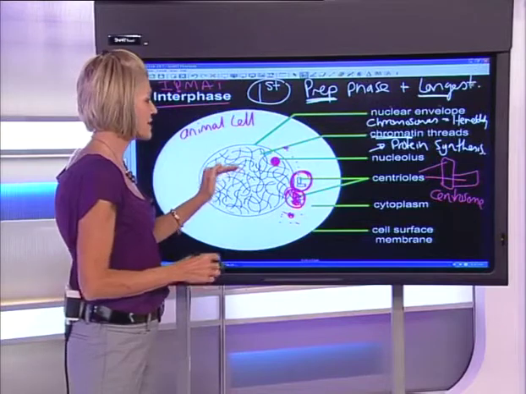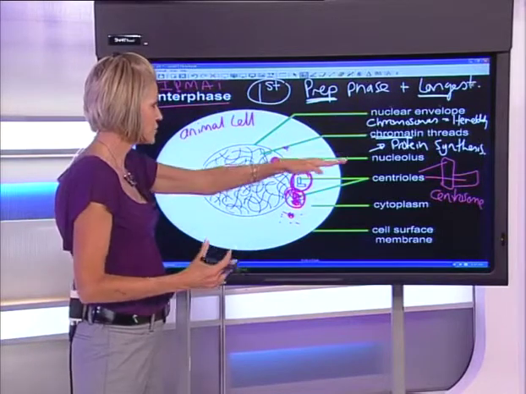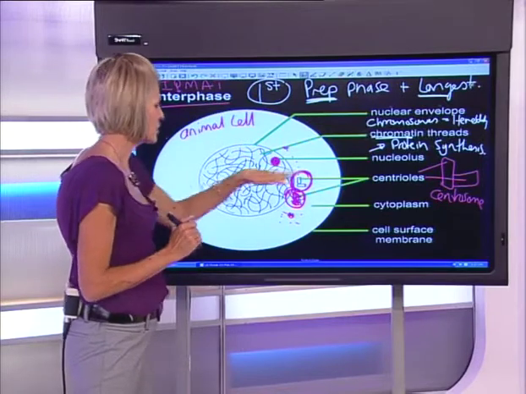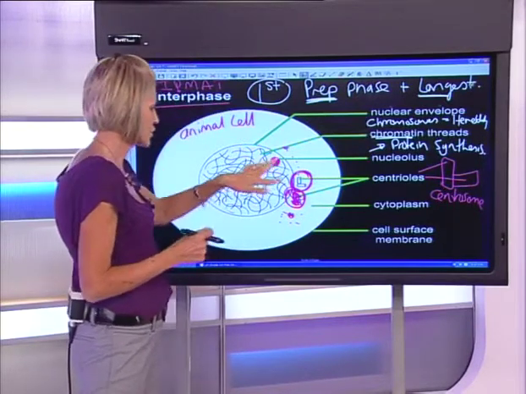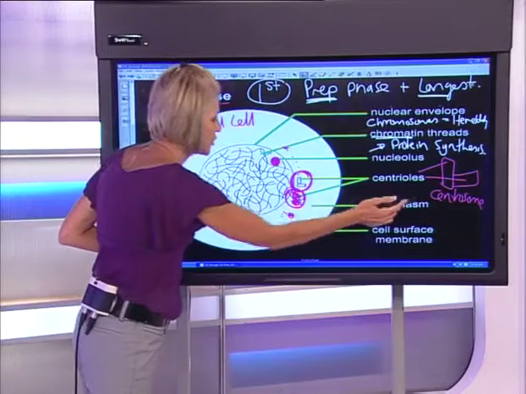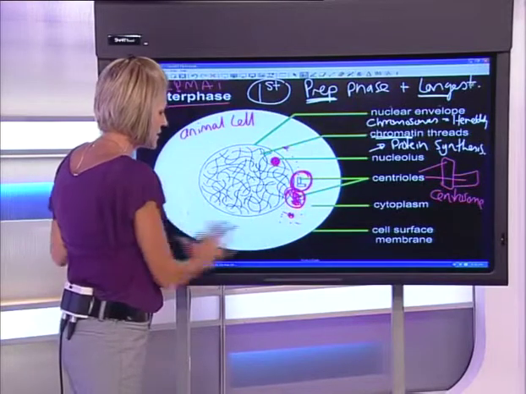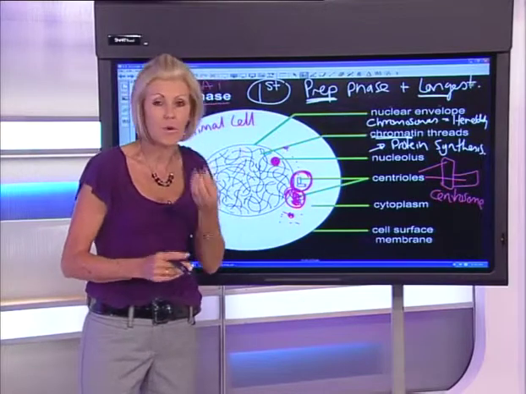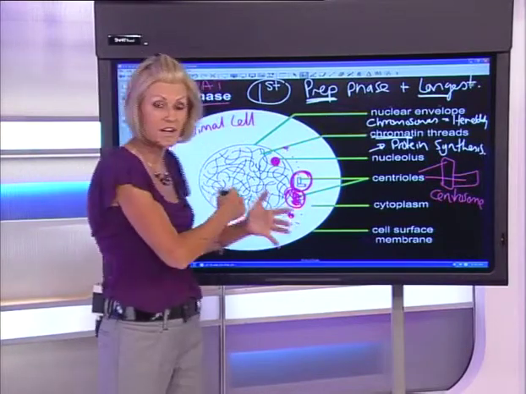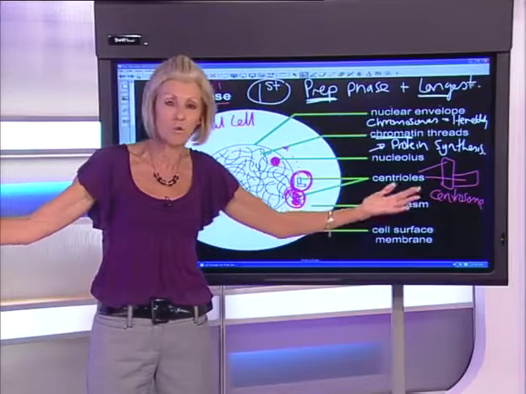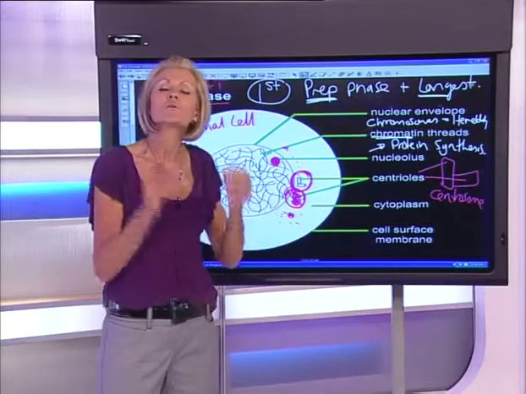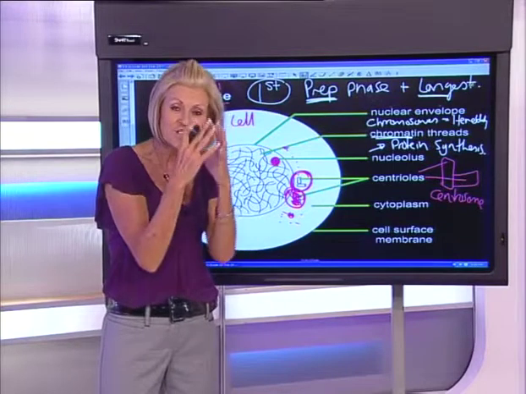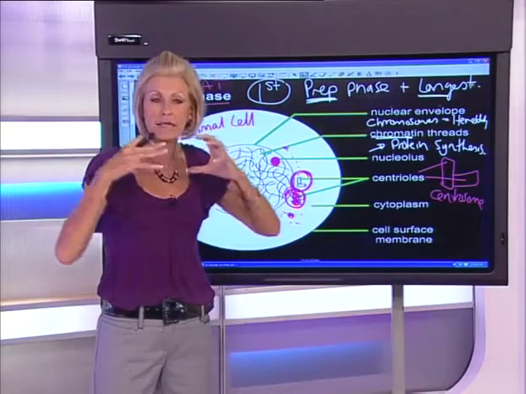Your chromatin threads, the mush of chromosomes, your nucleolus for protein synthesis, your centrioles, which the two together form the centrosome, your cytoplasm in the cell, and the cell surface membrane. And please remember, it doesn't mean the organelles just disappear and go somewhere else. They're all there, but we're not focusing on them. We are focusing on the nucleus, which does get bigger and enlarge.